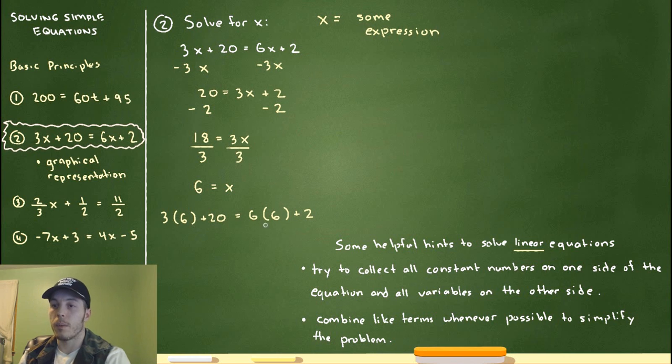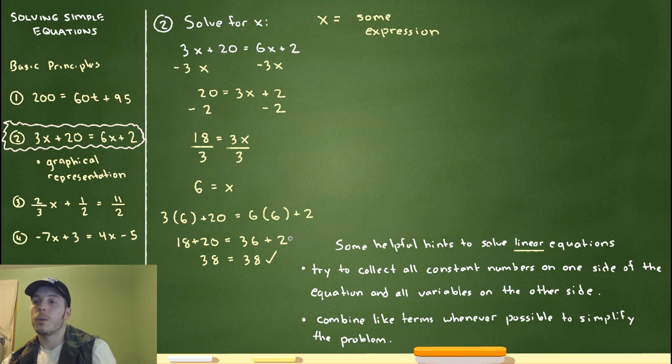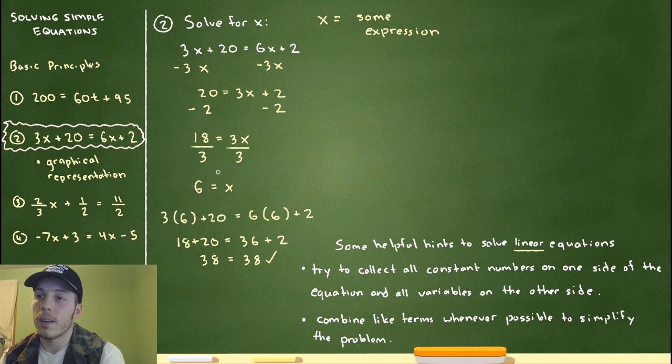Now, is this a true statement? Over here, we get 18 plus 20 is equal to, now 6 times 6 is 36, so 36 plus 2. On the left side we get 38, and on the right side, we get 38. That's a true statement. So we know our answer of x is equal to 6 is correct.